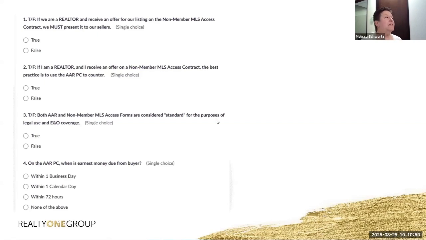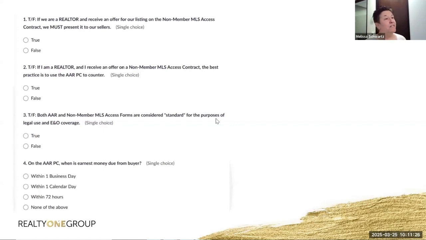Standard means it's something that is used more regularly, because you could have somebody handwrite a contract that fits contract requirements, but is that considered a standard? The answer would be no, because it's a one-off thing. The way the E&O company worded it, it has to be a standard form approved by the realtor.